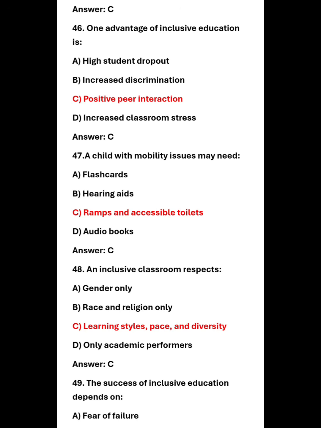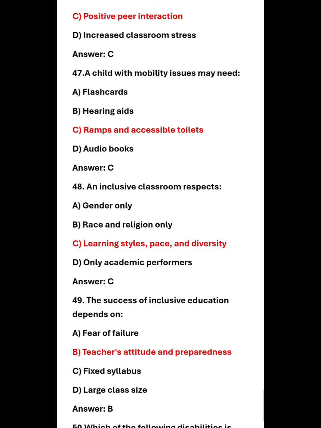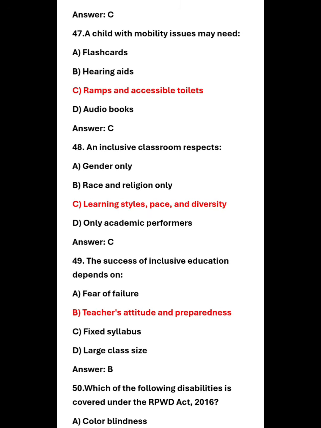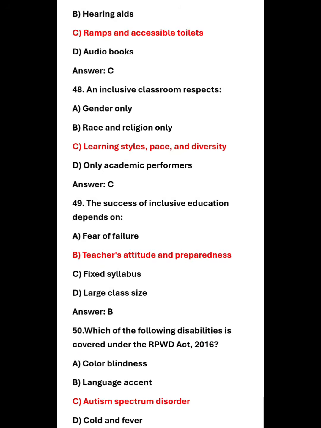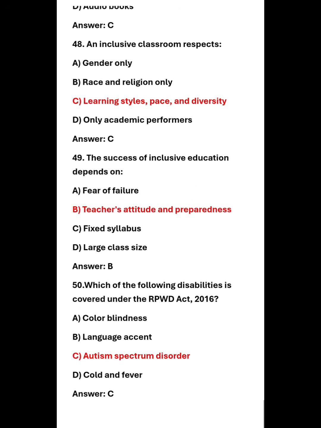A child with mobility issues may need a ramp and accessible toilet. In an inclusive classroom, respect learning style, pace and diversity. The success of inclusive education depends on, the answer is number B, teacher attitude and preparedness.